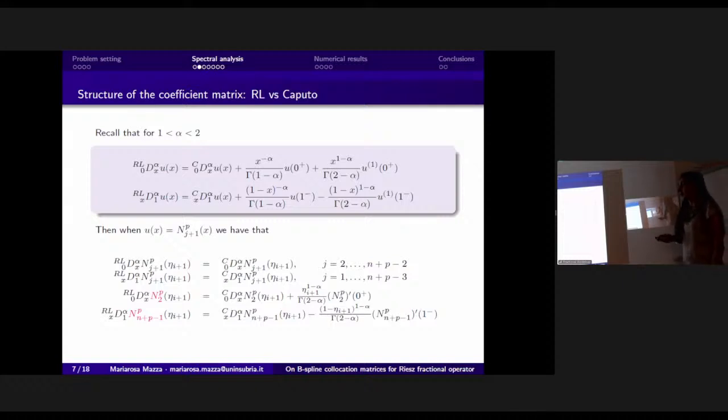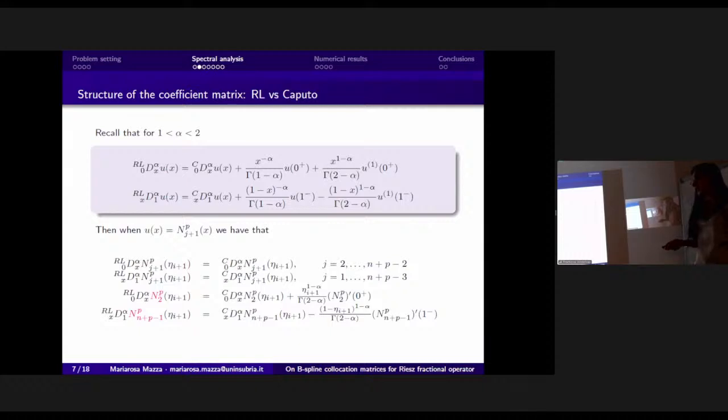We see that a Riemann-Liouville is equal to a Caputo plus these two other terms. And then if we apply this relation to our basis functions, the B-splines, at the end, we have that basically these two definitions are the same definition up to the first and the last basis functions, the ones that correspond to index 2 and the index n plus p minus 1.